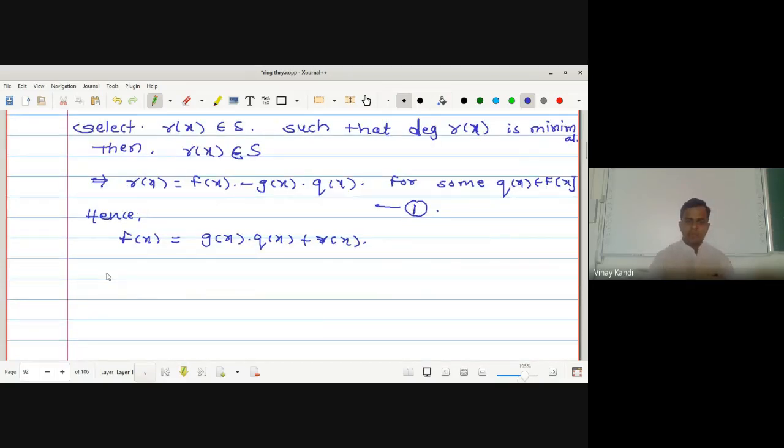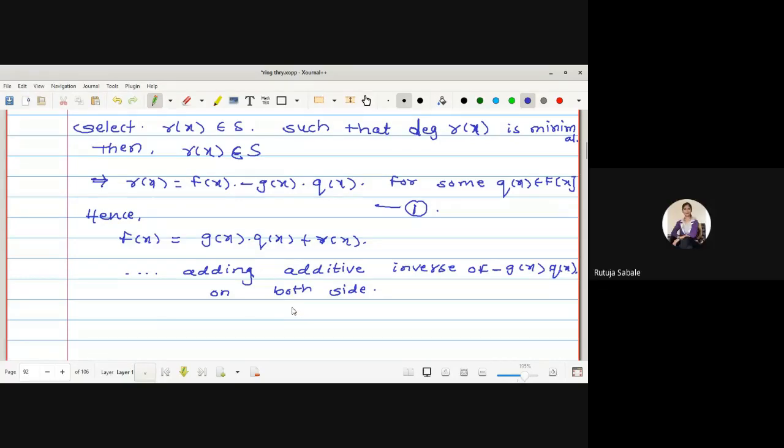ओके, काय रिझन येईल या स्टेपला? Is it correct?